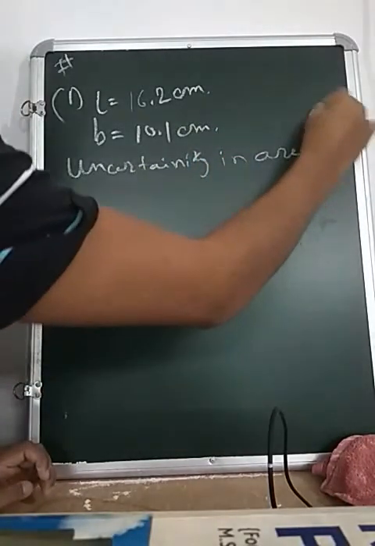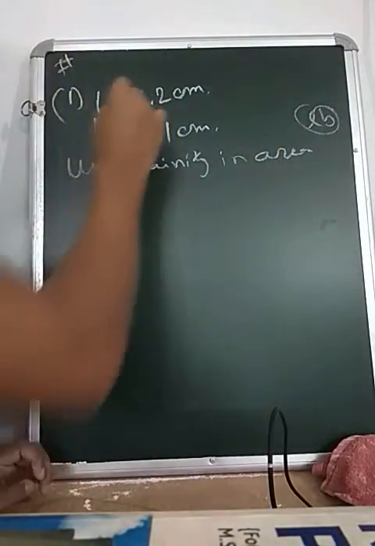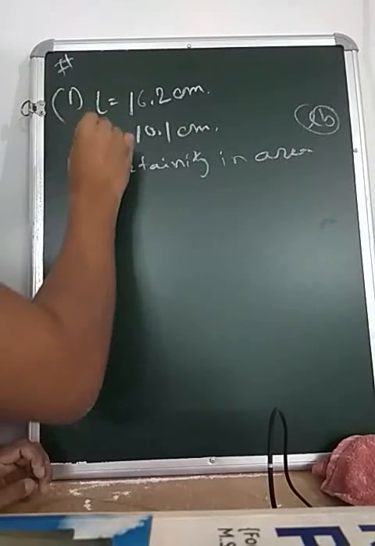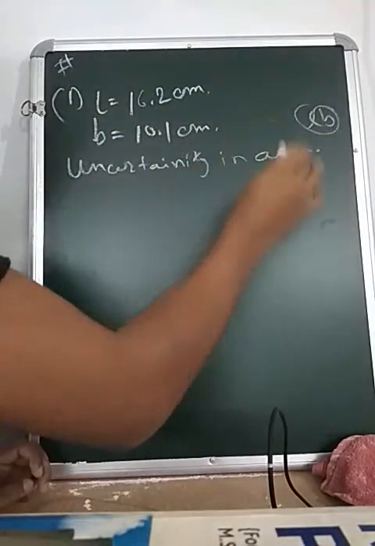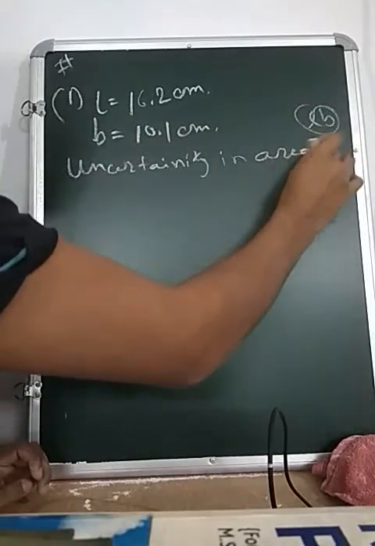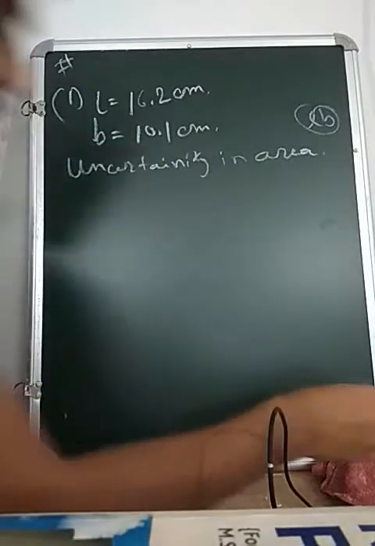Area is L times B. The length is given for a rectangular sheet and the breadth is given, and we have to calculate the uncertainty in the result, the area.